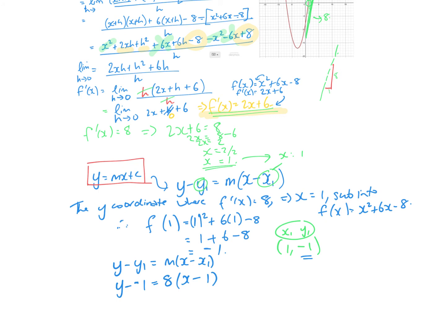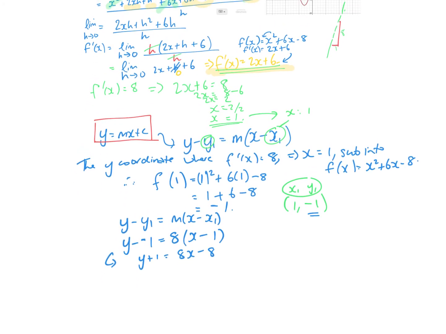So we're going to use algebraic techniques to rearrange. So that's y plus 1, and I'm going to expand this bracket as 8x minus 8, which simply means that y is 8x take 8 take 1, which is 8x take 9.